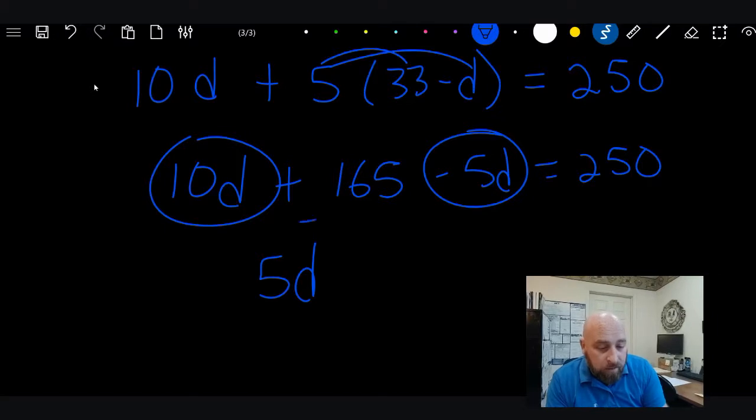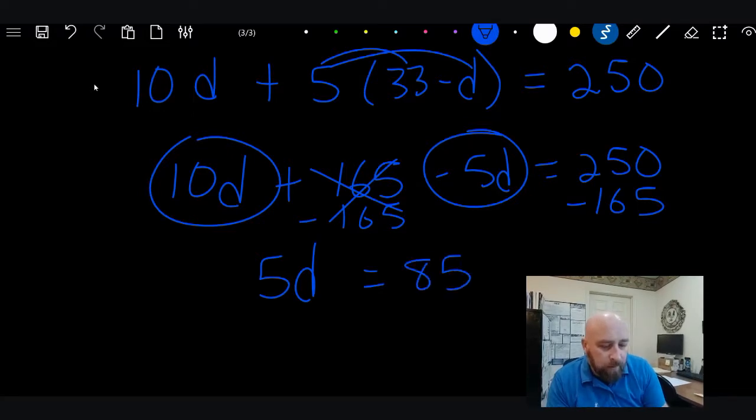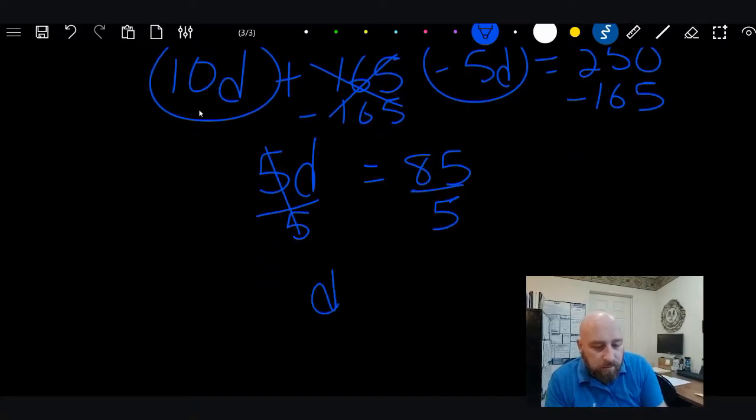And then we're going to subtract the 165 from both sides. That's going to cancel that. And we're going to get equals, let's see, 250 minus, what was that, 85? All right. Divide both sides by 5. Cancel. D equals 17. 85 divided by 5 is 17.